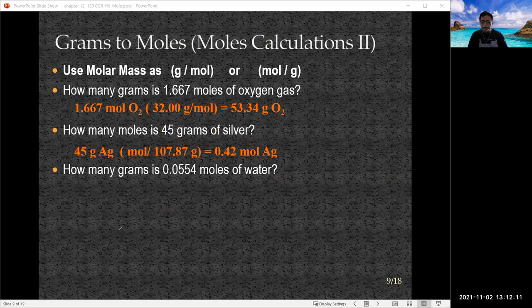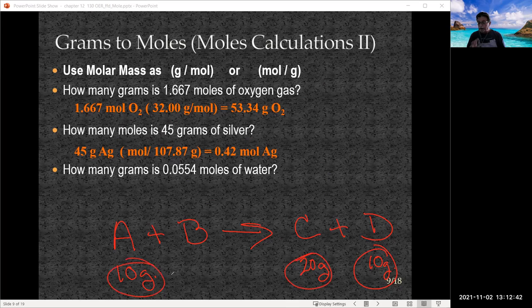If I have a very general reaction, A plus B reacts to give us C and D. If I started off with 10 grams of A and I was able to isolate my products and end up with, let's say, 20 grams of C and 10 grams of D, can anybody tell me, based on this information, how many grams of B did I start off with?